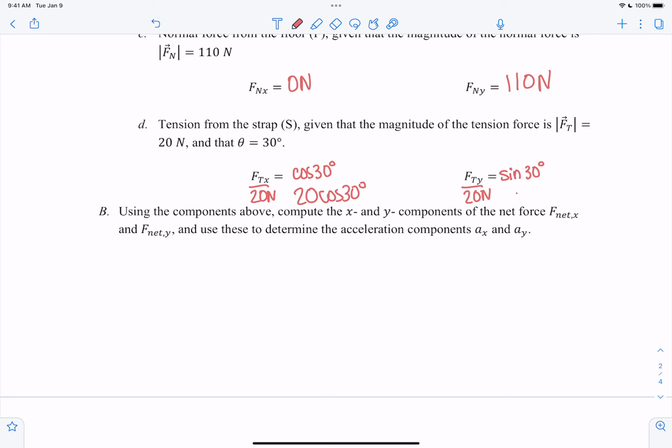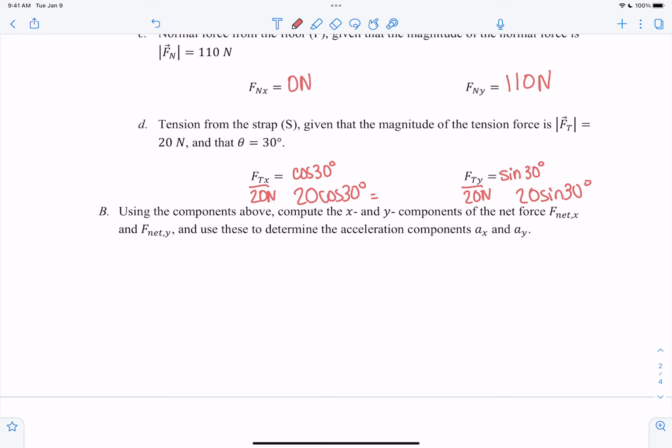I do not have my calculator on me, unfortunately. But what is that? If I can remember my unit circle, I think cosine 30 is a half, right? Pretty sure.